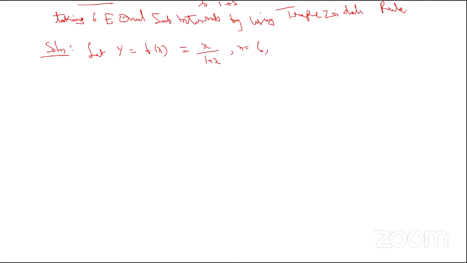So here a equal to 0 means lower limit, b equal to 1 means upper limit, then h equal to b minus a divided by n, right?